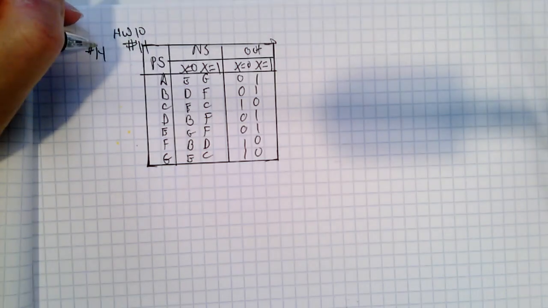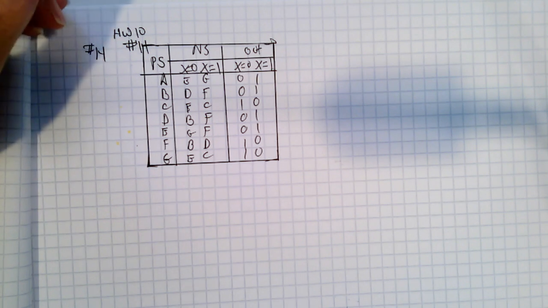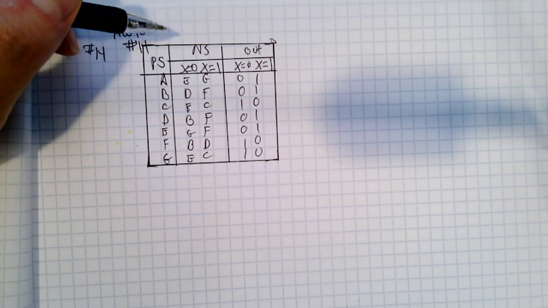And I'm going to go back and just take a look at the diagram again, because encoding the diagram is so important. If you don't do that right, it's a mess. Let me just make sure I got it. Yeah. Alright, so A, next state is going to be EG.